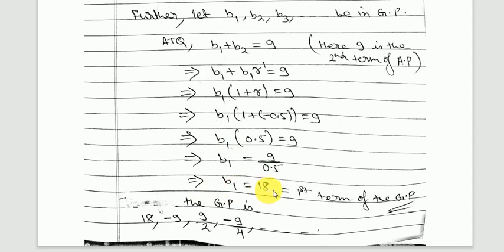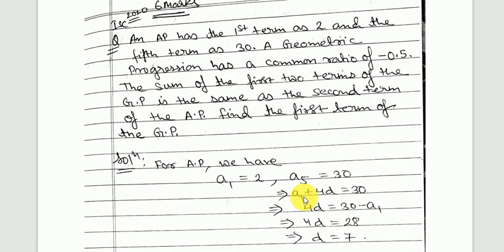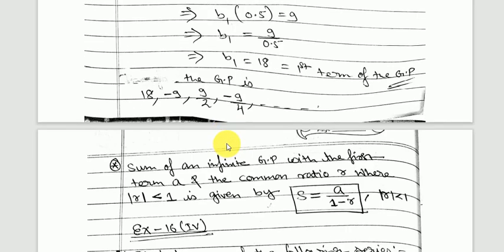So you got the first term of the GP. Done. And what they had asked was to find the first term of the GP, so you got it. And the GP will be this. If you want to write a few more terms, 18, minus 9, 9 by 2, minus 9 by 4, and so on. But in the question they had asked till here only.